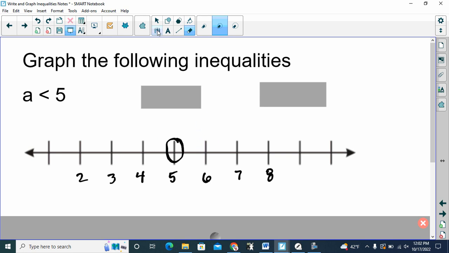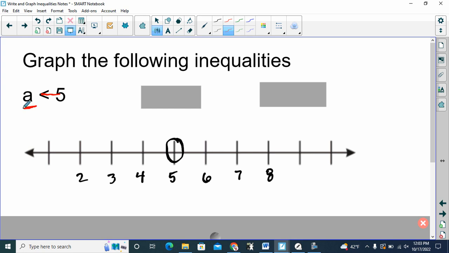And then the third way, and I only mention it because I think a lot of students have heard this, and it only works if the variable comes first. So in this case, the variable is first. If the variable is first, I can turn this inequality symbol into an arrow, and that arrow is going to point the direction that you should shade. Again, that is only true if the variable comes first.